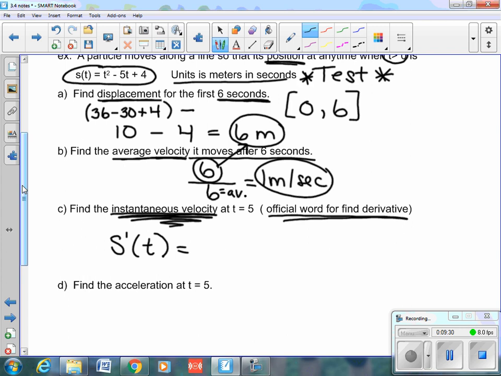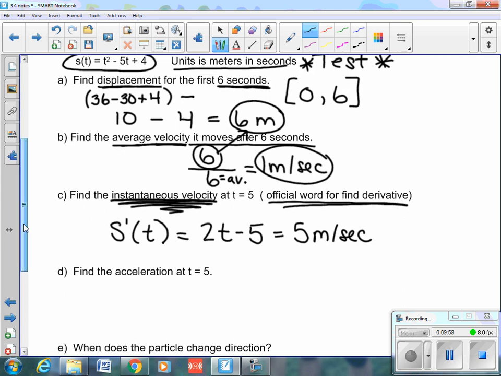Review: the derivative is 2t minus 5, right? So that's the derivative, and all you have to do is put 5 in place of t, and you get what, 5? But they want you to label it. What's the instantaneous velocity? 5 what? Meters per second.